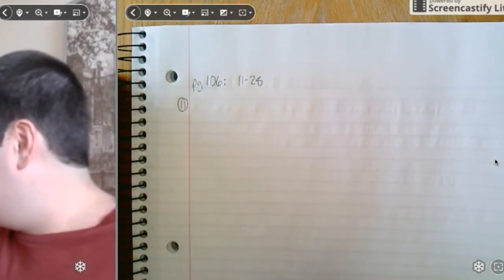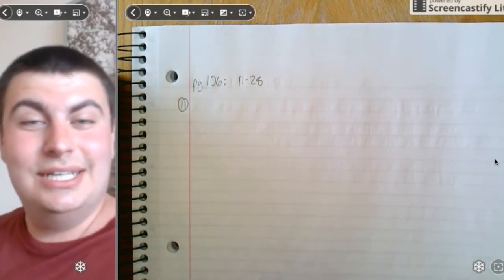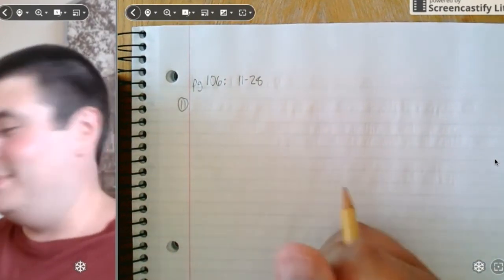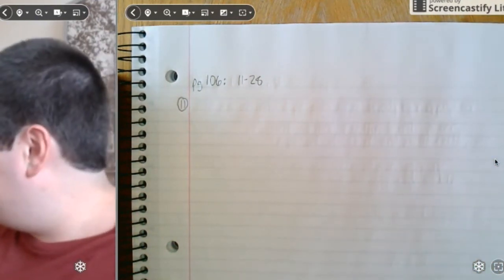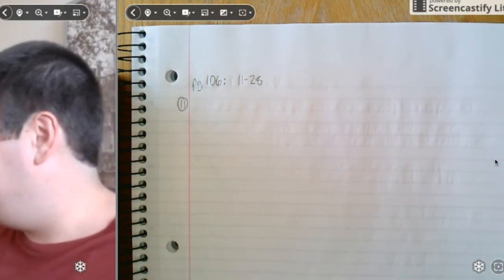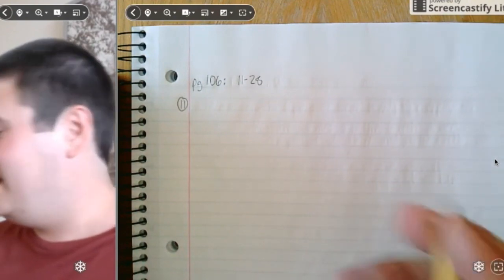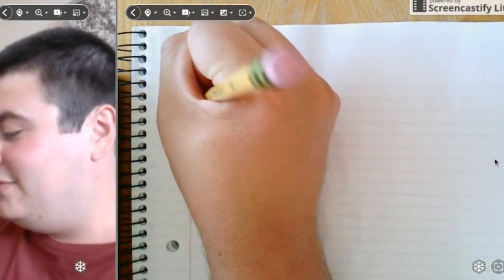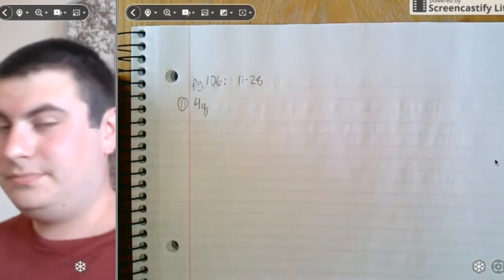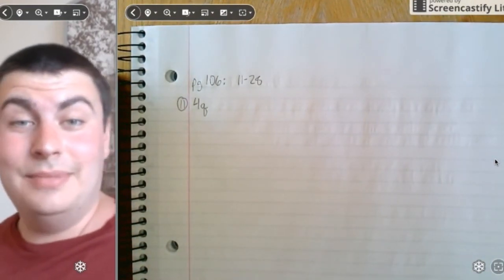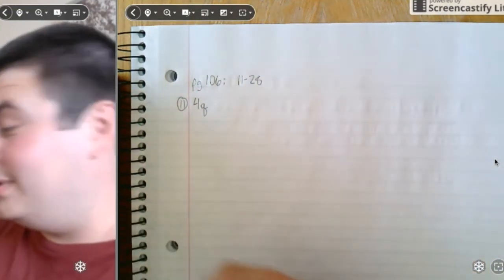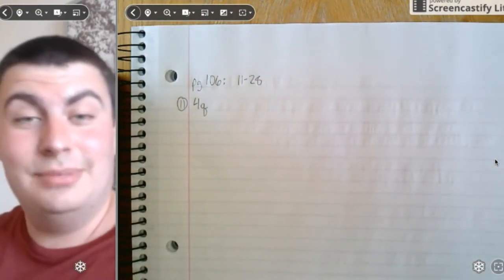And we're going to start with number 11. We're going to write the original equation or the original problem that we have to do. We don't need to write the directions. I know what the directions are. So we have to write a verbal expression for each algebraic expression. And number 11 is 4q. So you're going to write 4q as the original problem, and then you'll write what it means. So we're going to write a verbal expression.